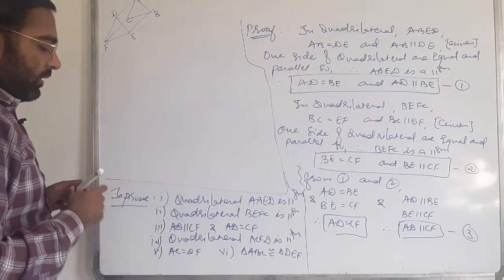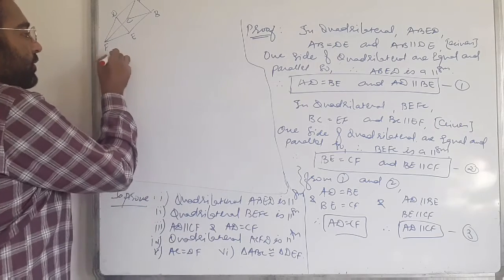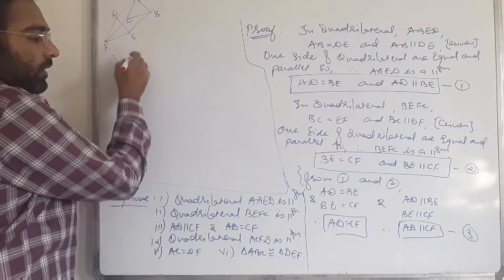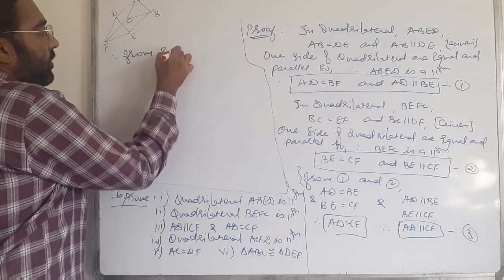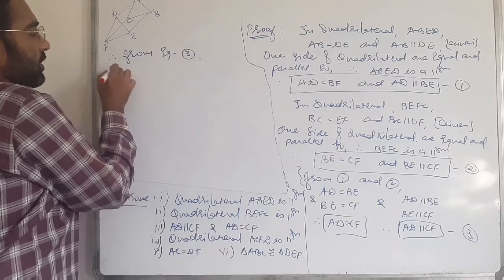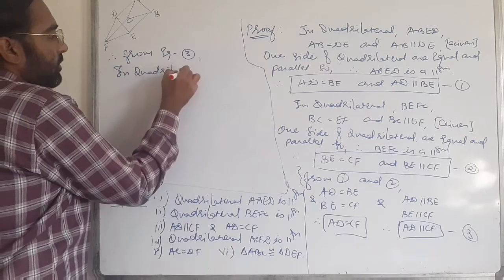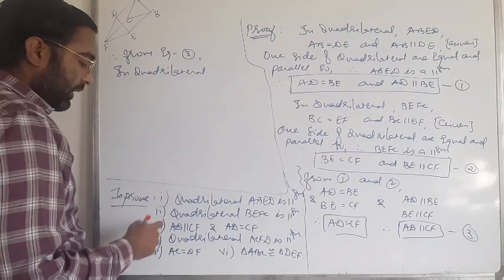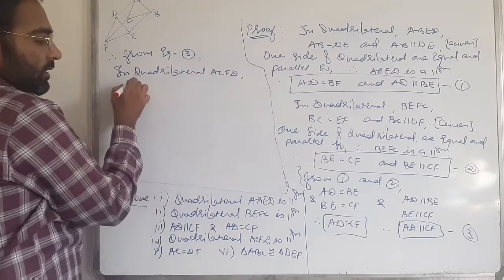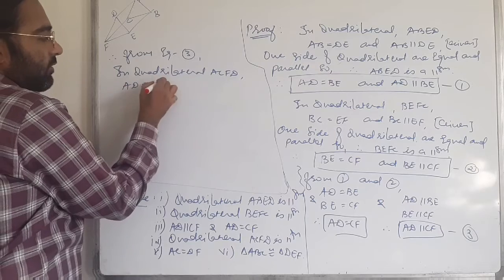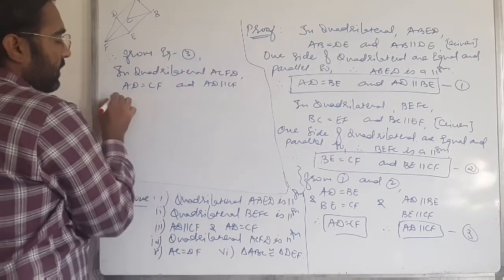So now AD is equal to CF and AD is parallel to CF. So therefore we have to also write that, from equation 3, in quadrilateral ACFD, AD is equal to CF and AD is parallel to CF.